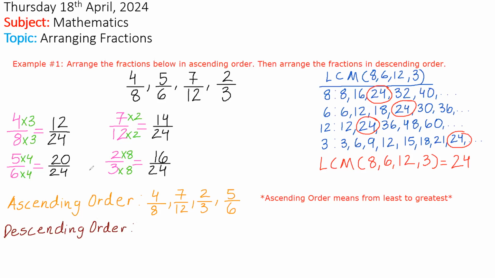Definitely 5/6, which is 20/24. That's the biggest one. 5/6, comma. Which one is the second highest? 2/3, which is 16/24.